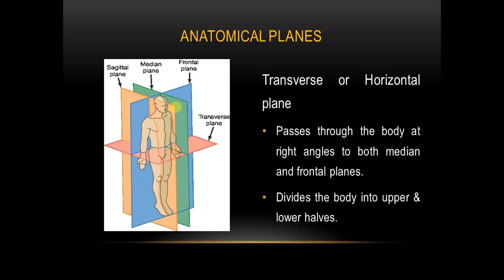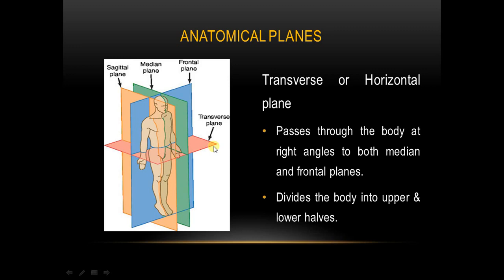The next plane is the transverse plane or the horizontal plane. So it runs horizontally or transversely and at right angles to both the median as well as the coronal or the frontal plane. So this is the transverse plane.